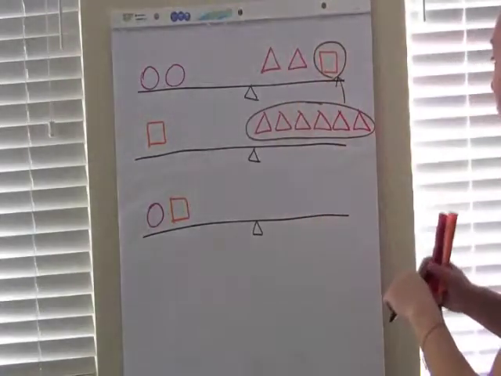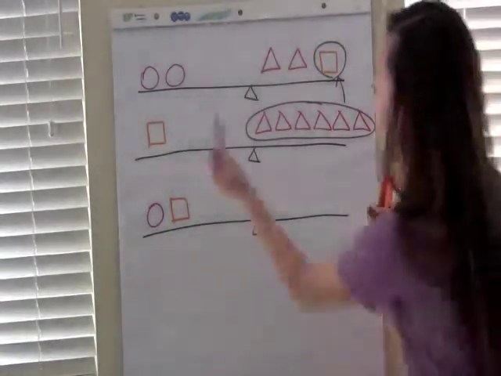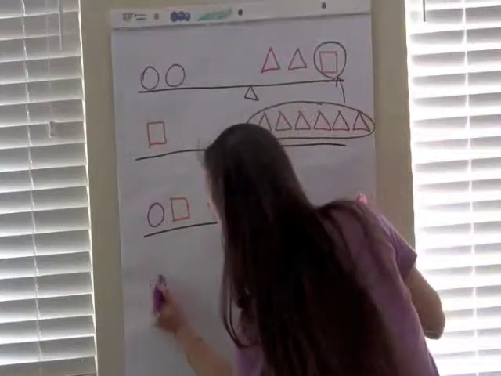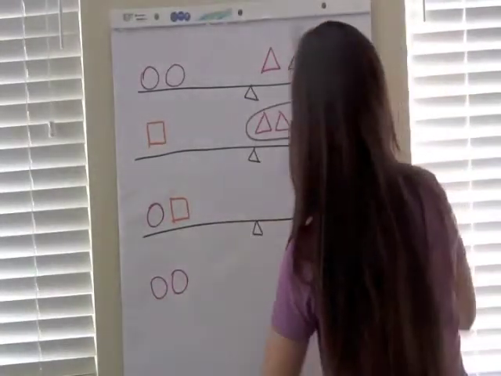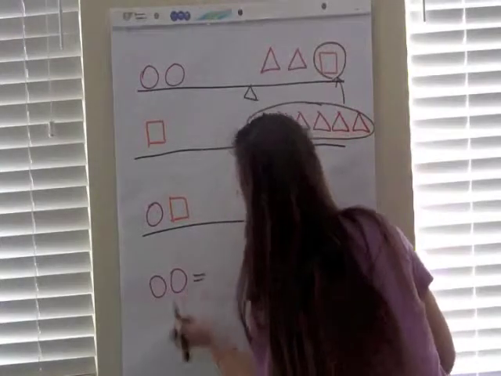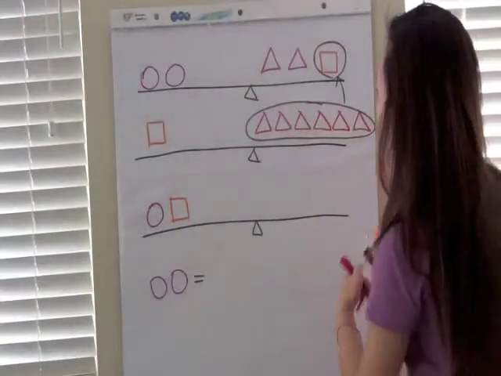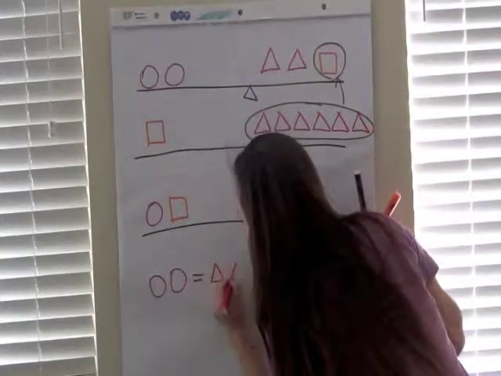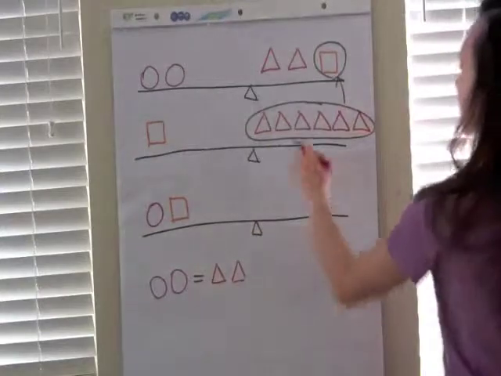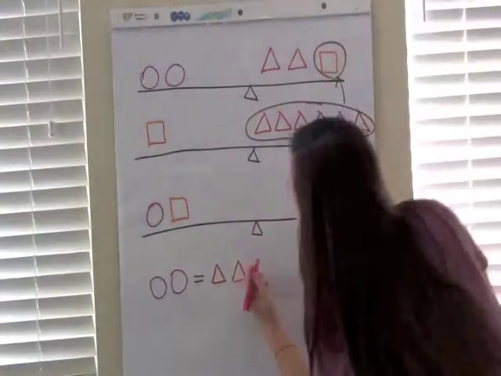If we replace the square on the balance, we now have these 2 circles equal to, I'm not going to draw the scale, I'm just going to say equal to, the original 2 triangles on the scale, plus these 6 triangles, which is a replacement for this square. So another 6.